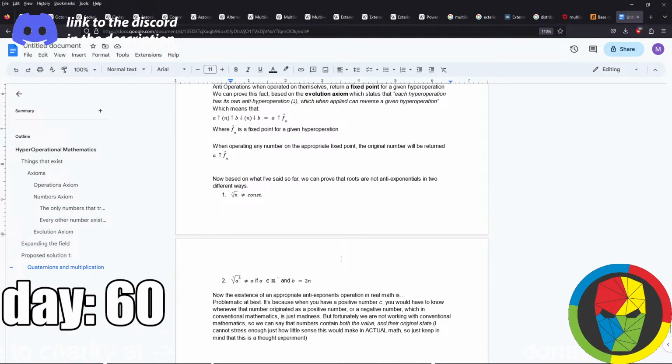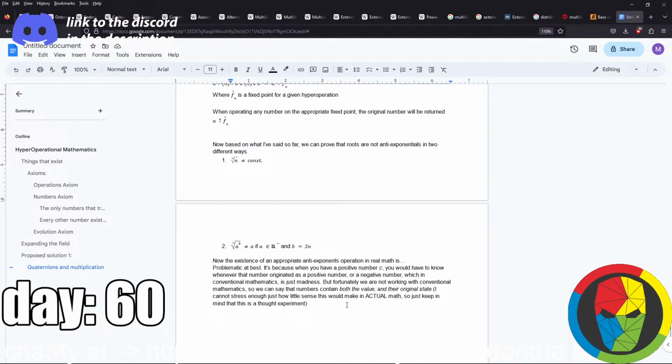So you have to know whenever the number originates as a positive number or a negative number, which in conventional mathematics is just madness. But fortunately, we are no conventional mathematics, so we can say that numbers contain both value and their original state.